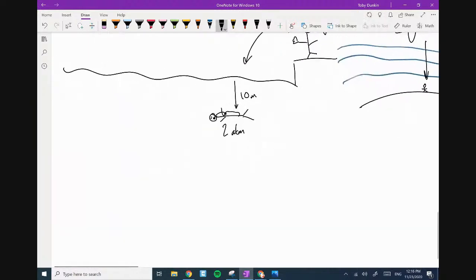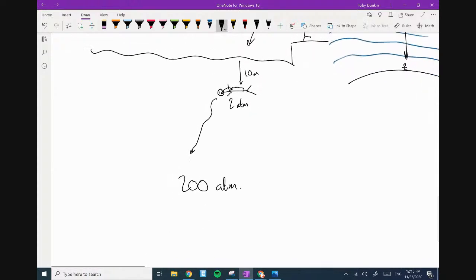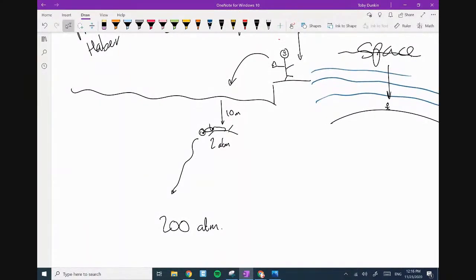So how deep do you need to go to get to 200 atmospheres? How deep do you need to go, folks? Somebody on the chat give me an answer.